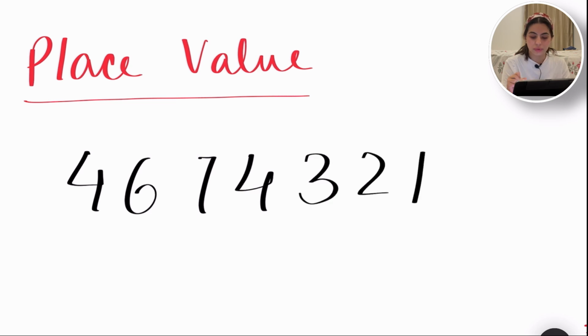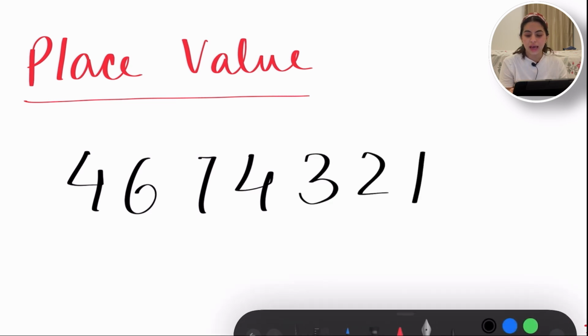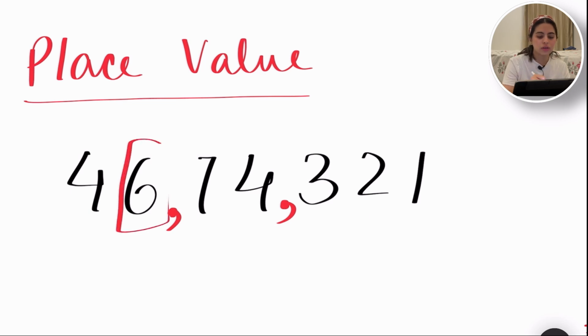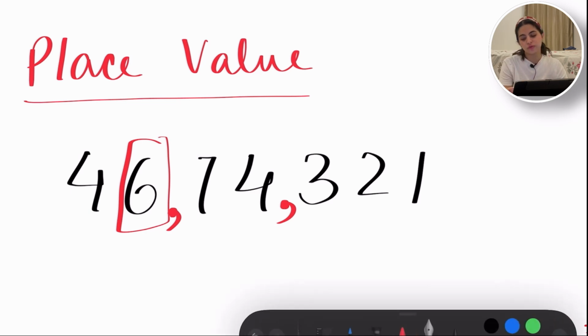This is my number, and now you put the commas. For the Indian system, 3 and 2 and 2. Now find out the place value of 6 over here. You can pause the video, find it out and resume it once you have found out the place value.